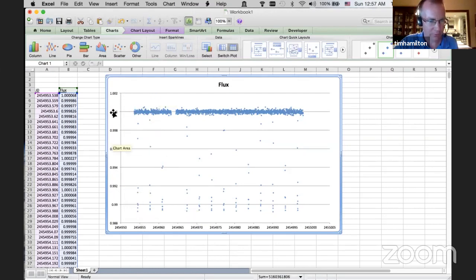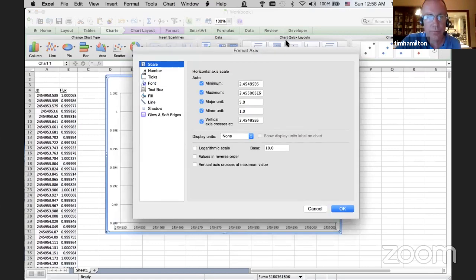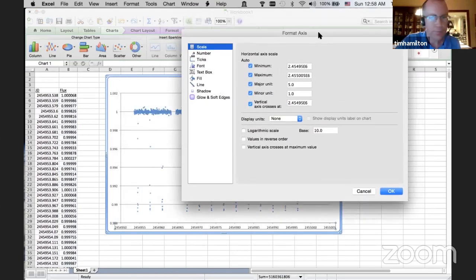All right, now we can see just what we saw in the preview image. We have flux going vertically, and we have the Julian date going horizontally. Now, let's take a look at the first transit from this drop down here to the next one, which is this drop here. Okay, so let's see about how long that took. And I'm going to zoom in and I'll put the maximum time.